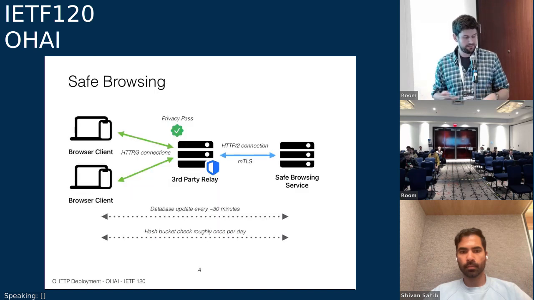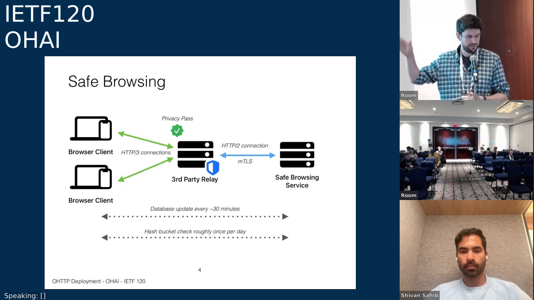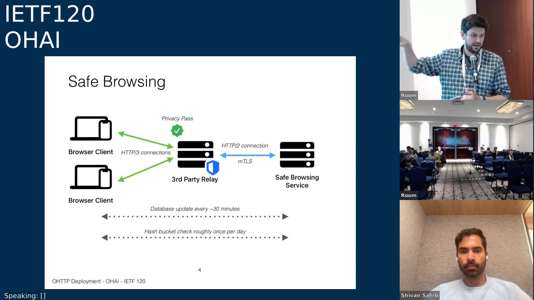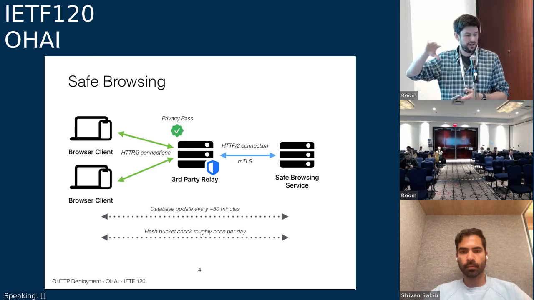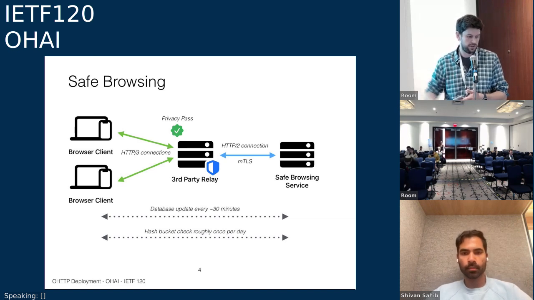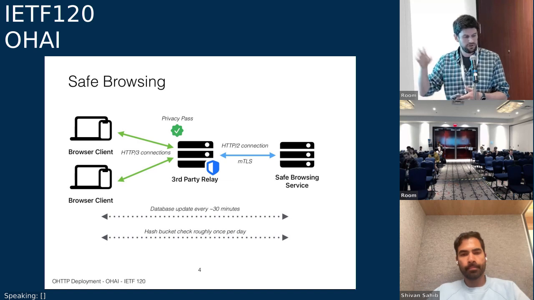So the overall setup: on the left, I have 2 clients just to represent a multitude of different clients, and they are communicating generally over HTTP 3 by default. It can fall back to HTTP 2 if UDP is blocked on your network. These are somewhat long-lived connections in the background from the browser client going to the relay, which is operated by a third-party partner.